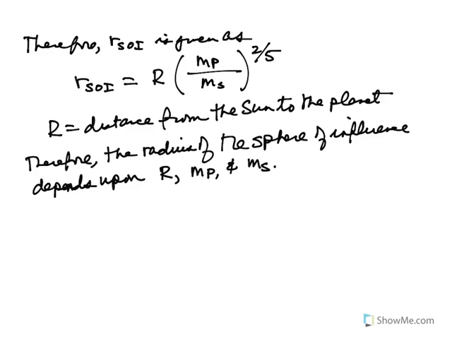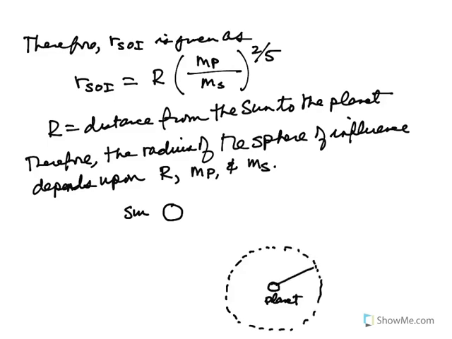Now, what's important about this last result is that it goes back to the diagram that we had earlier, which is that if the sun is here and the planet is here, there's a radius around this planet, which we call R SOI, which is the radius such that if we're that distance or less away from the planet, the planet has the greater gravitational influence.